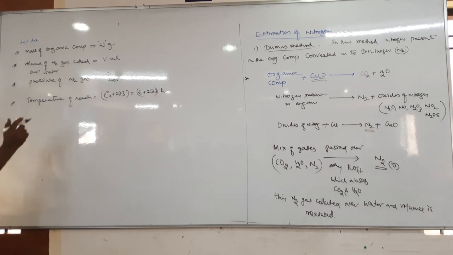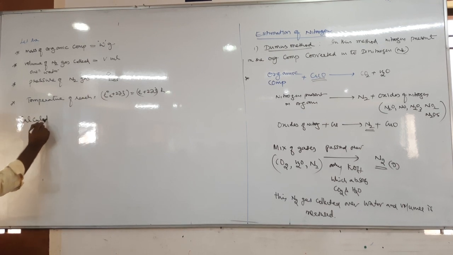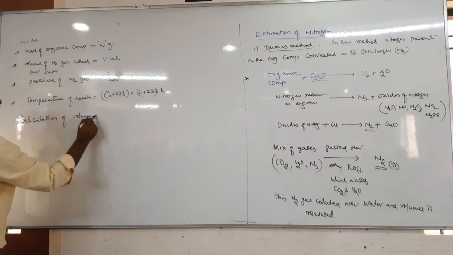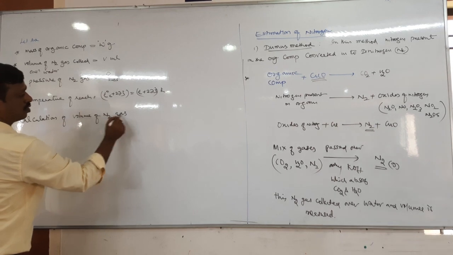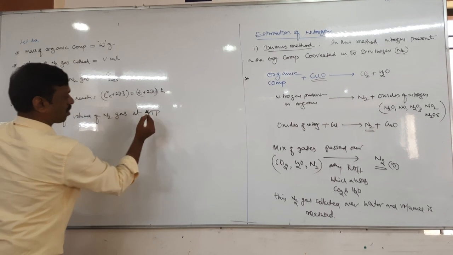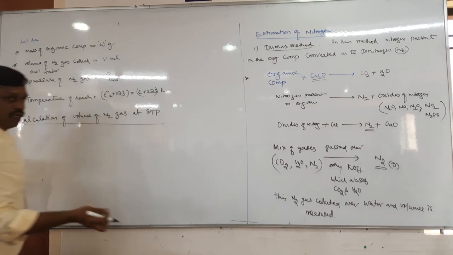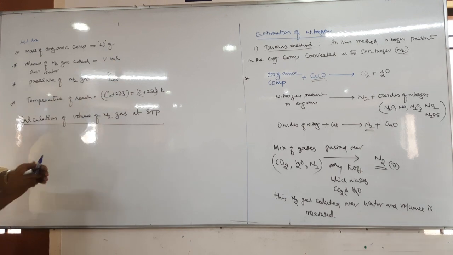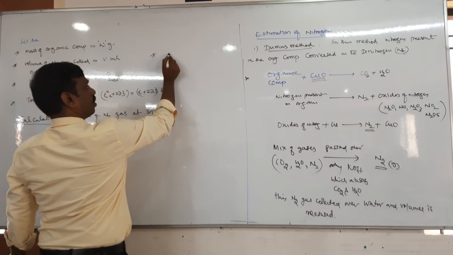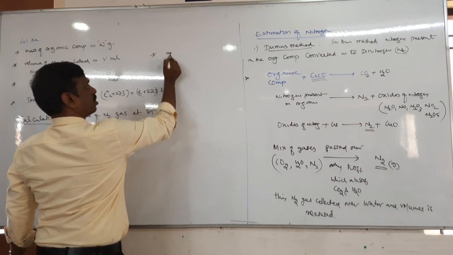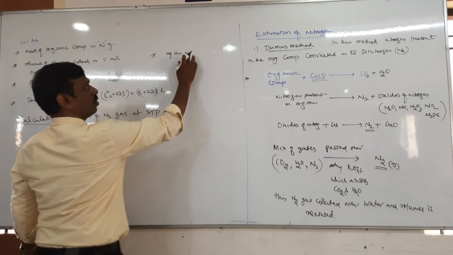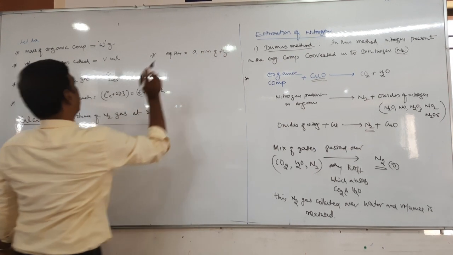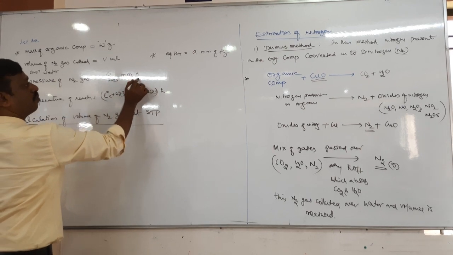Now let us see the calculation of volume of N2 gas at STP. We got the volume of N2 gas collected. And one more, take aqueous tension, because it is in aqueous medium. Aqueous tension equal to a mm of mercury, and the moisture pressure is P mm of mercury.